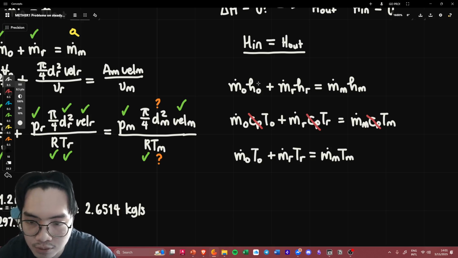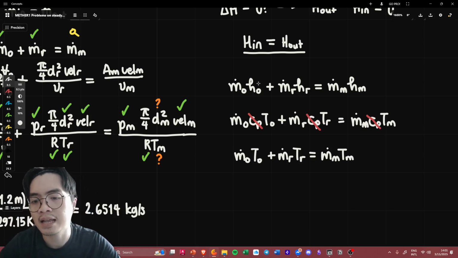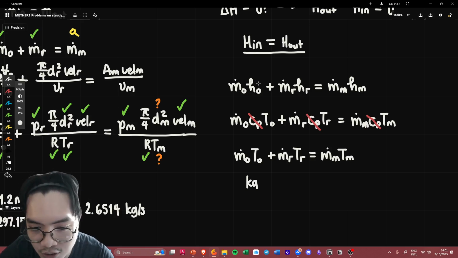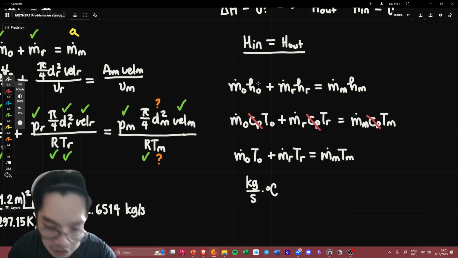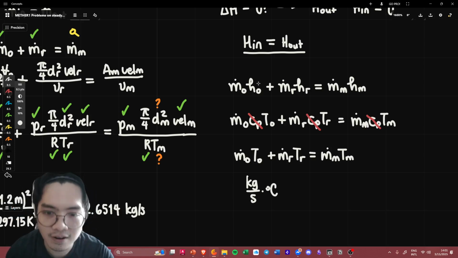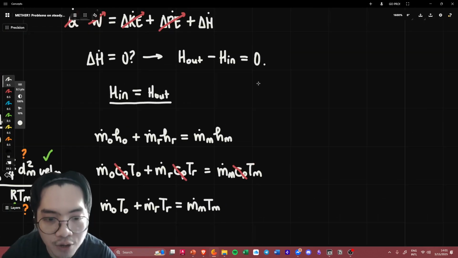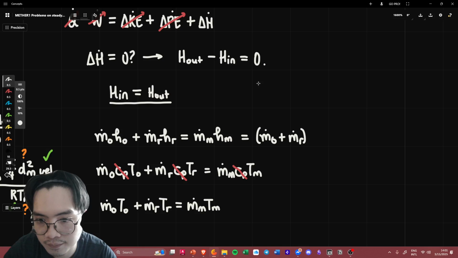And I suppose I should put it here since this is the last problem. If you're not willing to accept this, because if you look at the units, it's just kilograms per second times degrees Celsius, that does look kind of weird. I agree. So what will happen is that we're supposed to understand that your MM is going to equal your MO plus your MR.